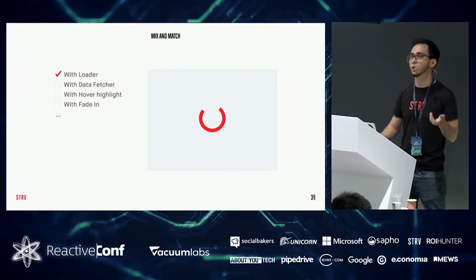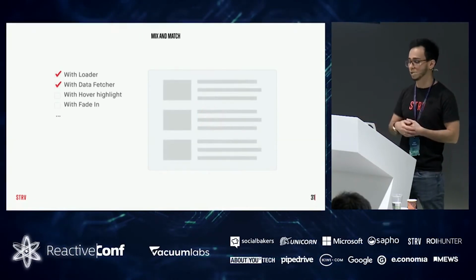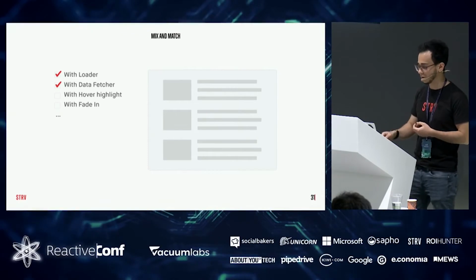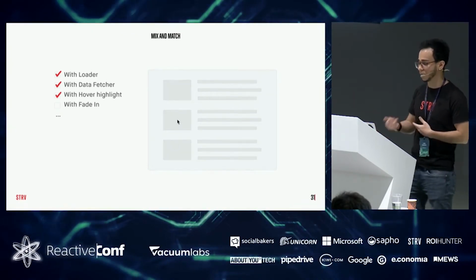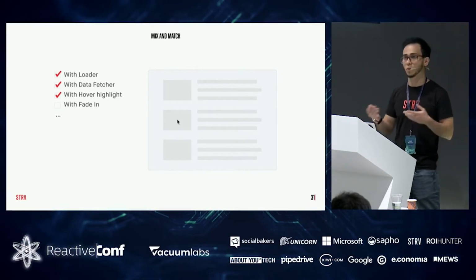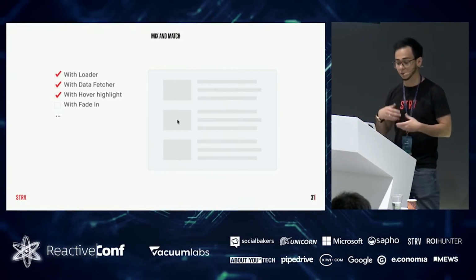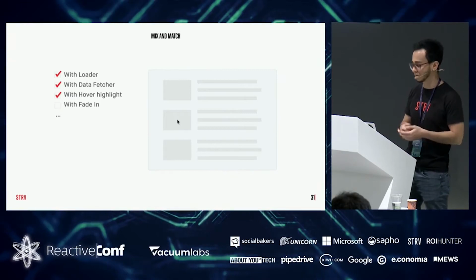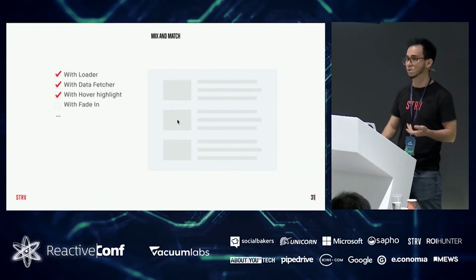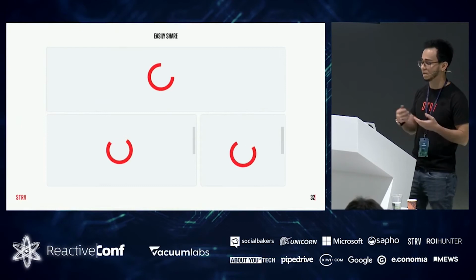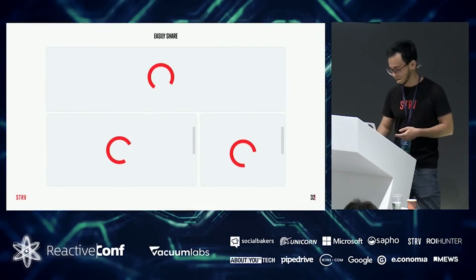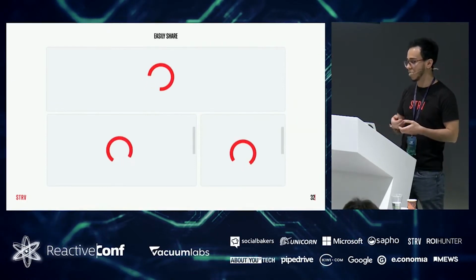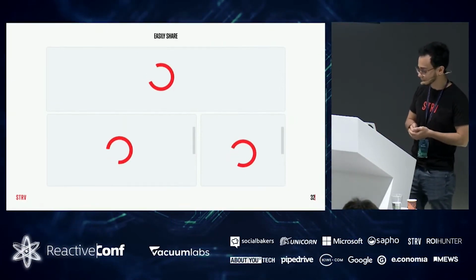So let's say we have a loader, and then we want to add withDataFetcher to this component, and let's say some extra random functionality, and it becomes very trivial to just add or remove functionality to our components. And of course, this also makes it possible to share all this functionality easily. So composability is what higher order components provide.